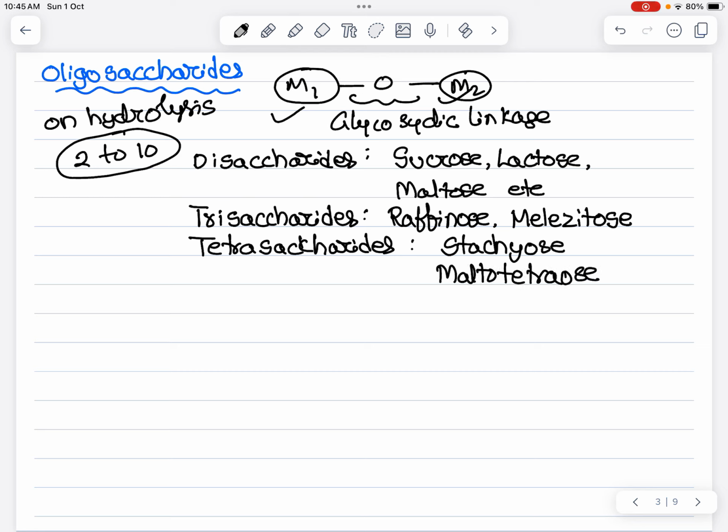Oligosaccharides on hydrolysis give 2 to 10 units of monosaccharides. Polysaccharides on hydrolysis give more than 10 units of monosaccharides. The examples are starch, cellulose, glycogen, gums, etc.